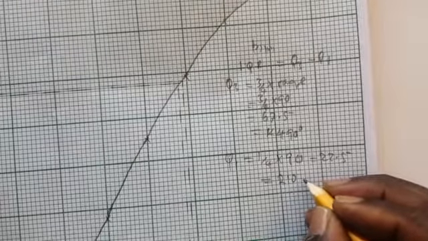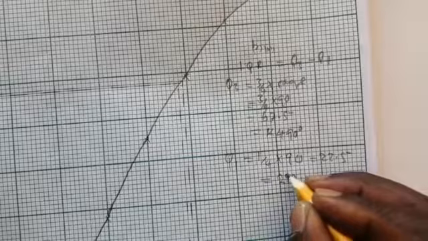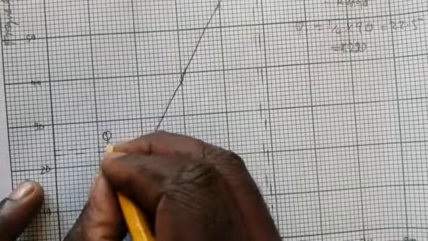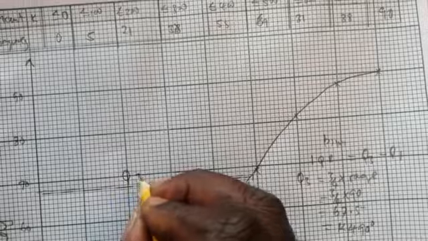So this is 20, so 20 plus 200 is 220. So here we are going to 220 kwacha. So here you can put this is Q1, and there you put Q3.